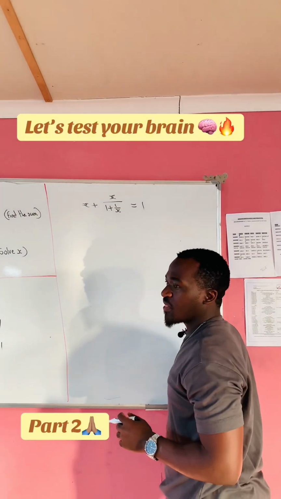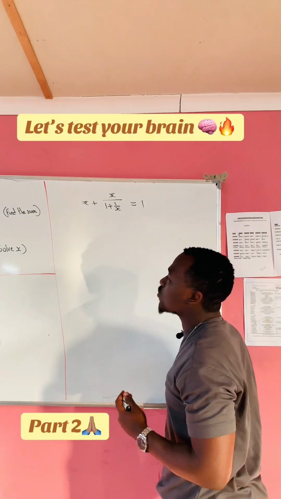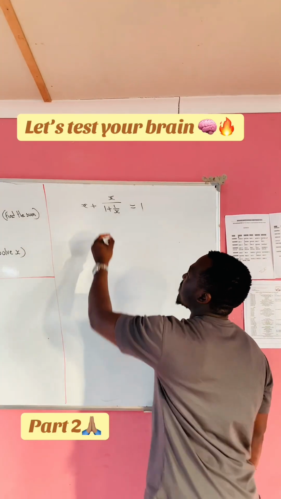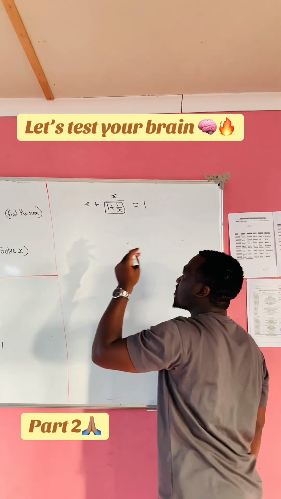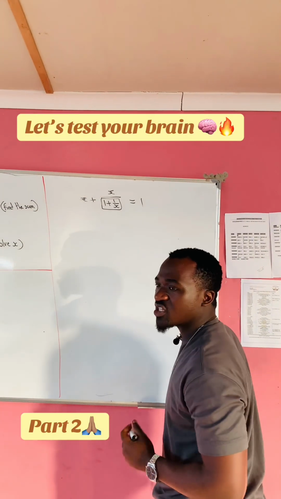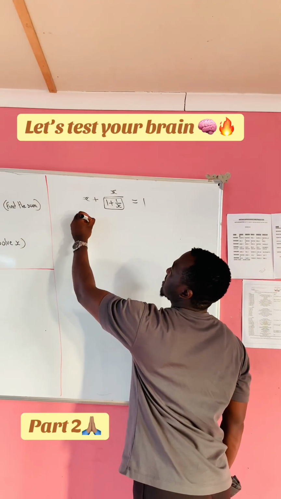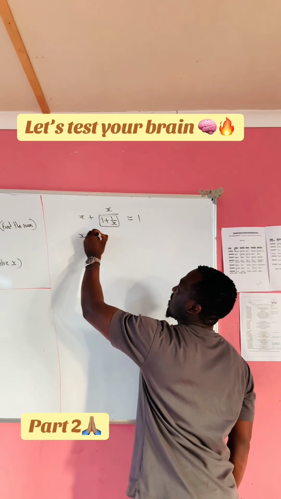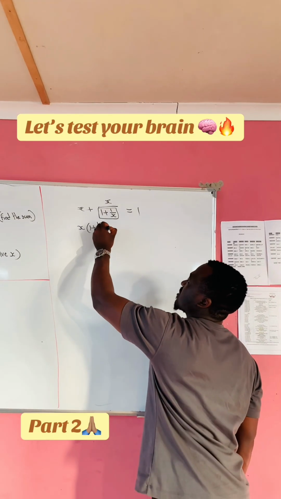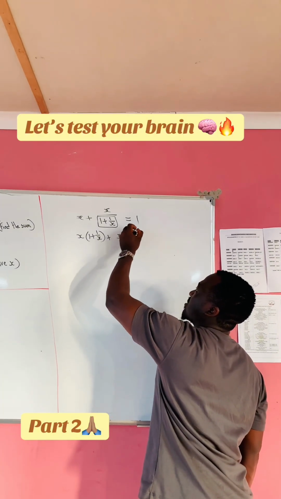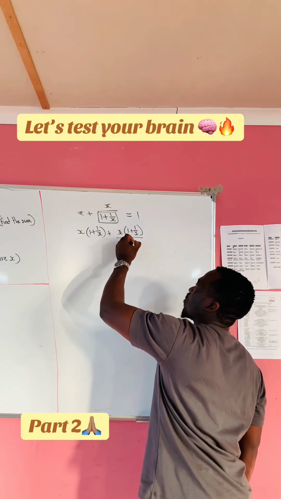Let's continue. From here, how do we remove that denominator, which is 1 plus 1 over x? We can remove this denominator by multiplying by the very same denominator in every term that we have within this equation. So now we have x here, this x, we can multiply it by 1 plus 1 over x, plus x, we multiply it by 1 plus 1 over x, over 1 plus 1 over x.